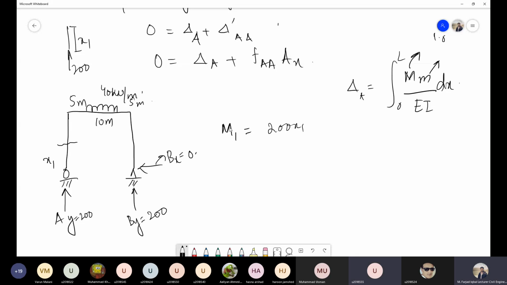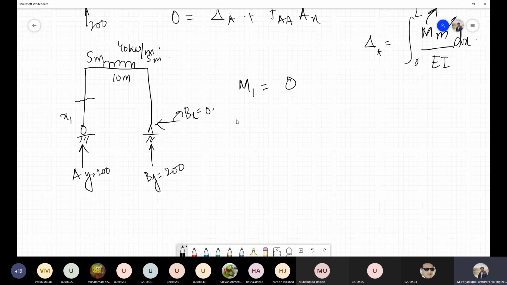Sir, moment acts perpendicular, and the 200 is acting exactly in line with it. Yes, exactly. So what will be the equation? It will be zero. So it is 0. Yes. So for section 1, our equation of moment is 0.